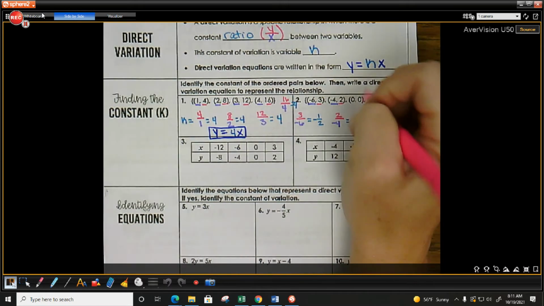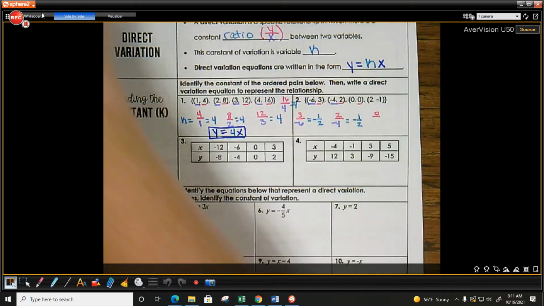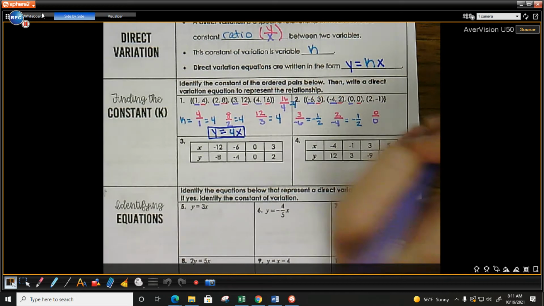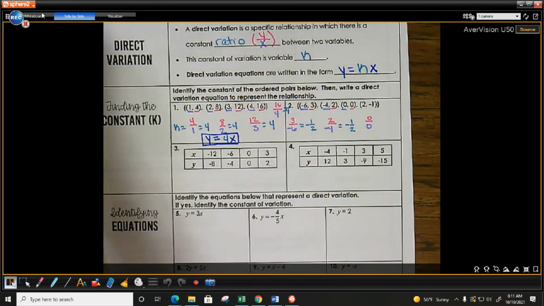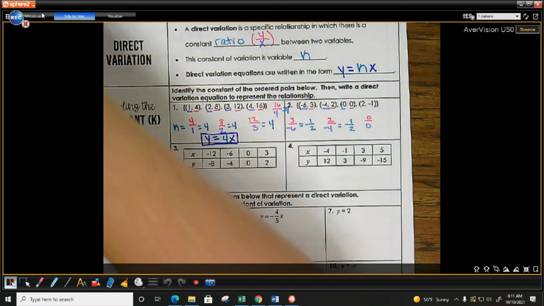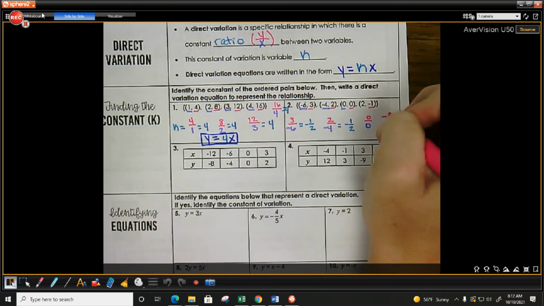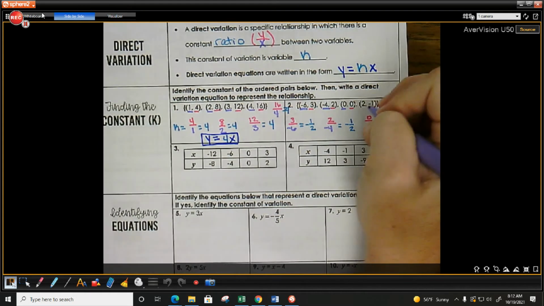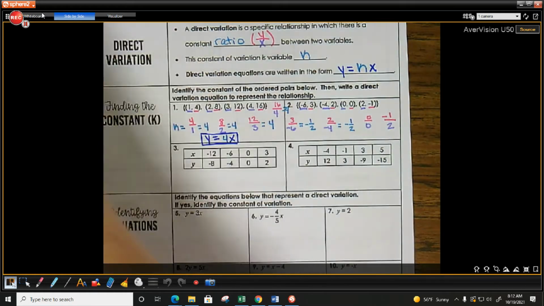Okay, so this one's a little tricky because 0 over 0. We're going to skip that one. So let's go to the last one, negative 1 over 2, which is what?